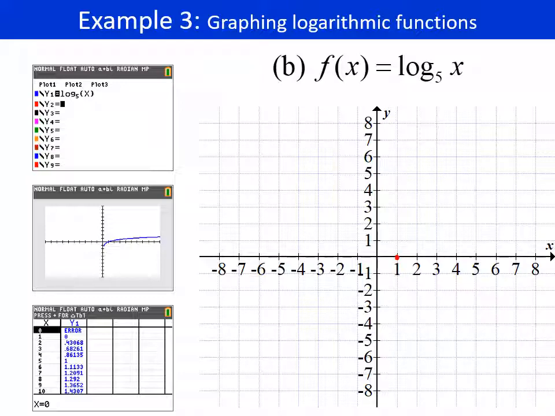That's very common with logarithms. We also have a dot at 5, 1. I also know that it does not touch the y-axis. So there would be the sketch of our graph.